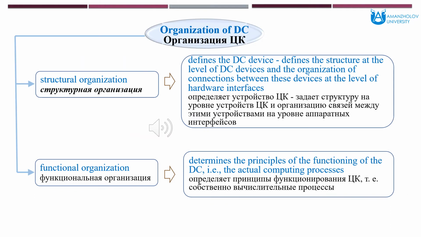Organization of DC. Structural organization defines the DC device, defines the structure at the level of DC devices and the organization of connections between these devices at the level of hardware interfaces. Functional organization determines the principles of the functioning of the DC, the actual computing processes.